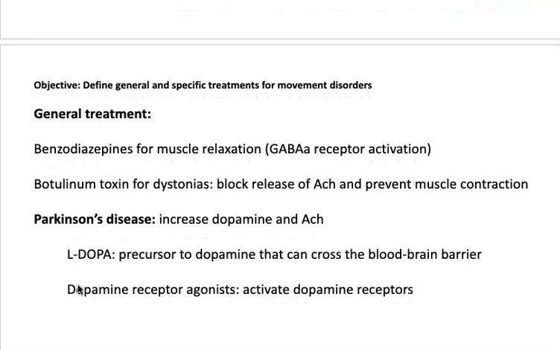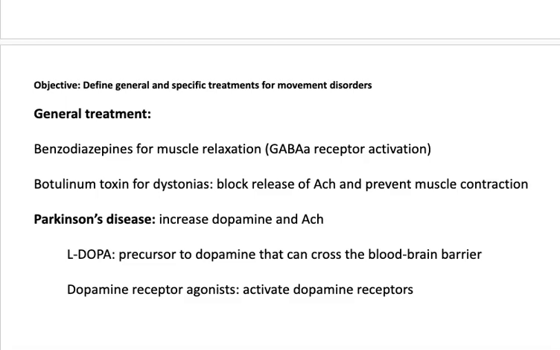And then specifically looking at Parkinson's disease, the goal is to increase dopamine and acetylcholine. So one of the things is that we can use L-DOPA, which is a precursor to dopamine that can cross the blood-brain barrier. So L-DOPA then gets converted into dopamine in the brain, and then that dopamine is able to increase the motor activity.